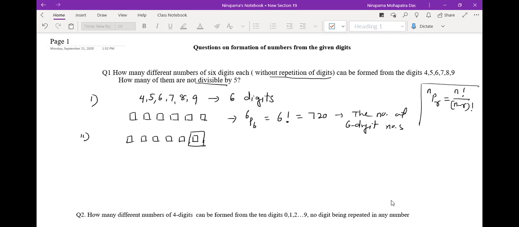So we have 5 here, which means only 5 can be placed in this place. So we have a restriction for this place. The remaining 5 digits, excluding 5, go in the 5 places. So 5 places, 5 digits, that can be done in 5P5, which means factorial 5.